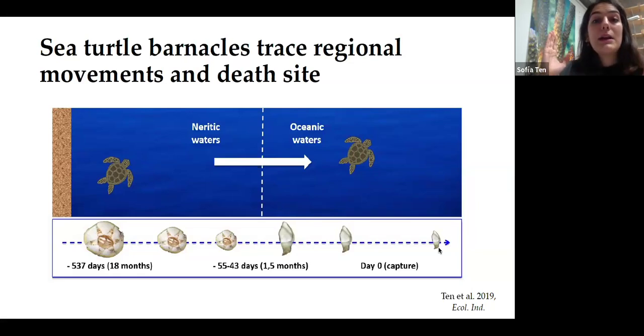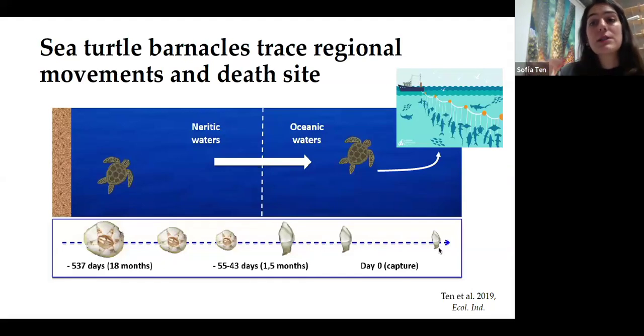So we inferred this transition from neritic waters about a year before capture, and then to oceanic waters a bit over a month before capture. And we predicted that the habitat of capture or death of this sea turtle was an oceanic ground. And this was confirmed because we checked our database, and this turtle came from a pelagic longliner.